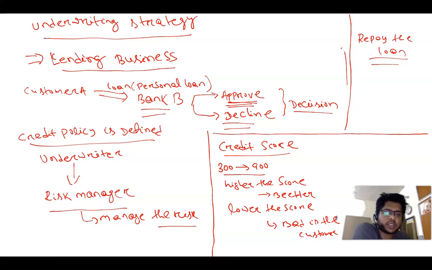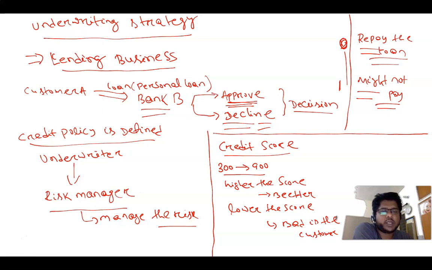When the bank declines customer A, it is for many reasons. One of the reasons is the customer might not pay. Whether the customer pays or not: if the customer pays then it is 0, not bad. If the customer doesn't pay then it is 1.